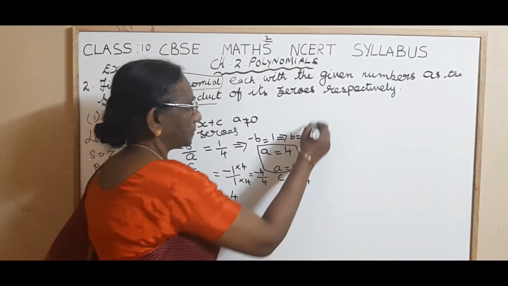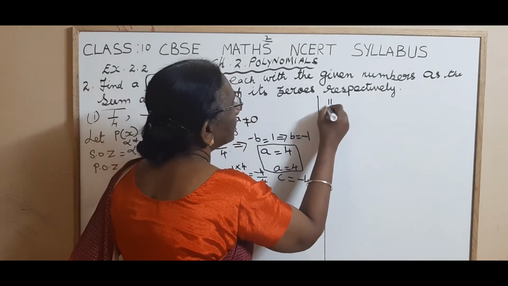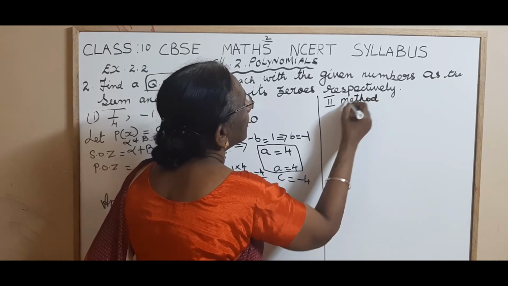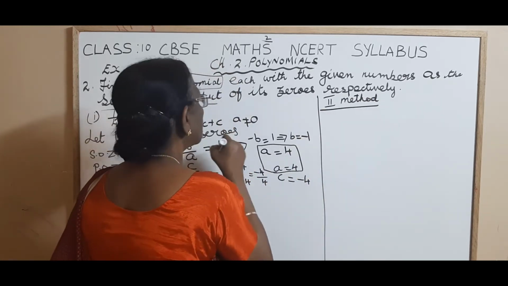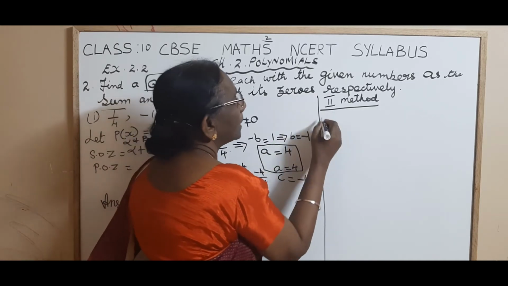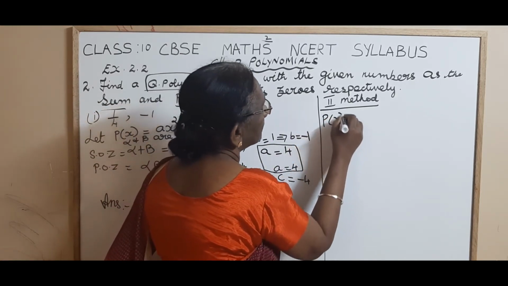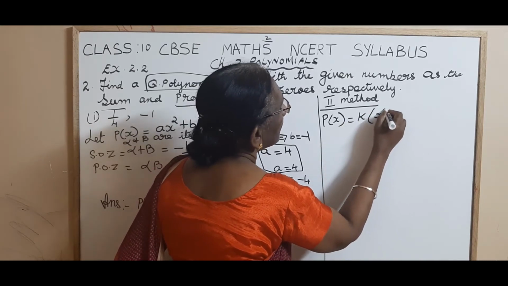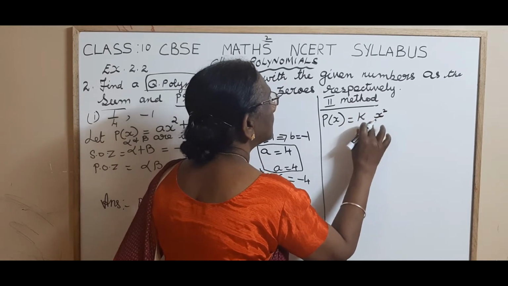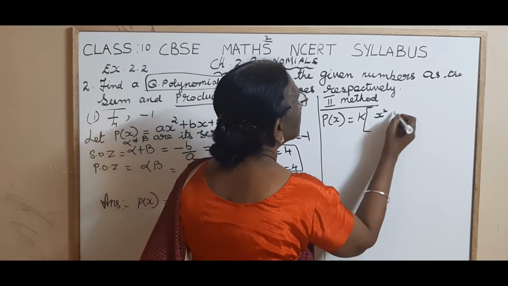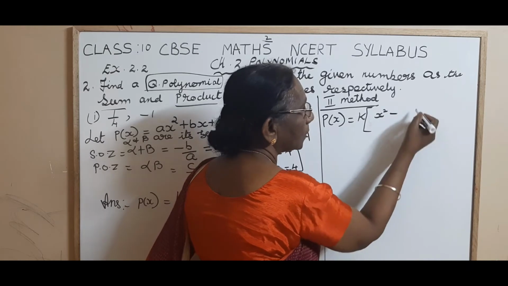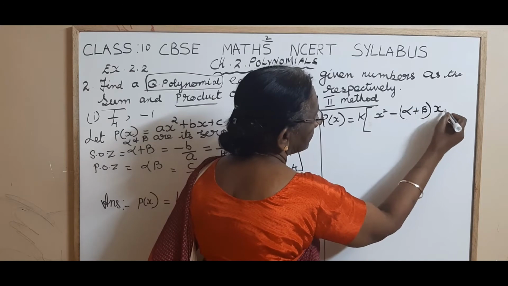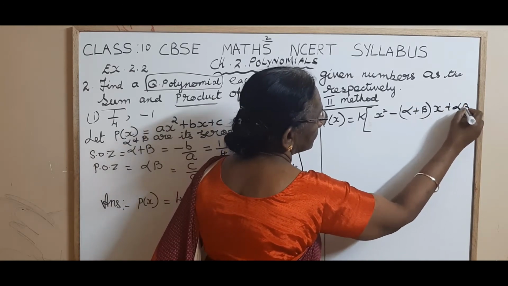And next method. The second method is an alternate method. Okay, this is the first method and this is the second method. Write the formula. P of x is equal to k into x squared minus sum of the zeros, that is alpha plus beta, into x plus product of the zeros.